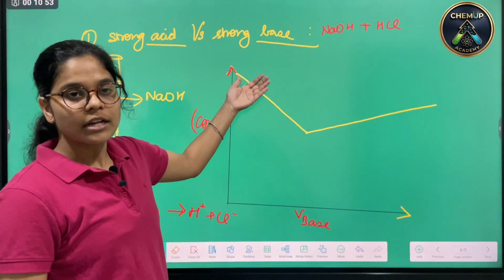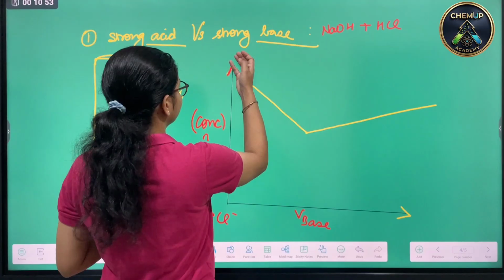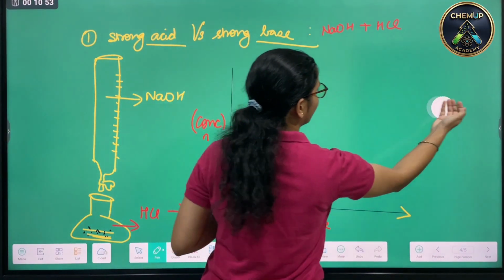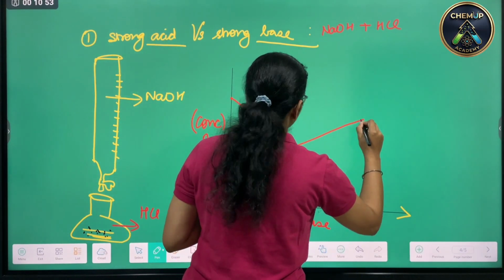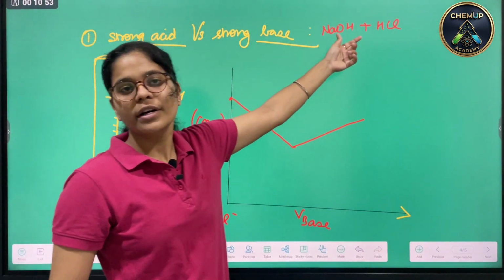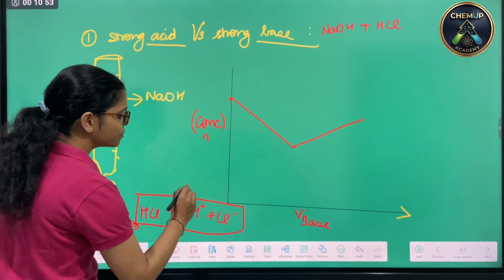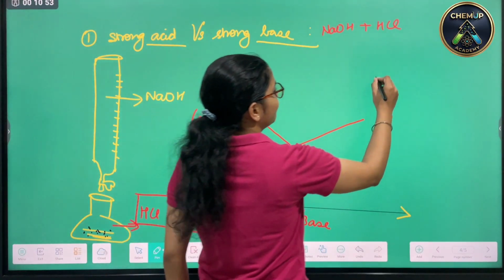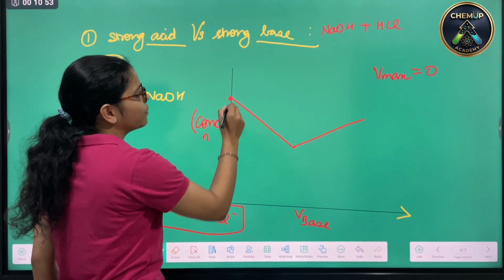So in the starting of the experiment, we have this as a point we are getting. The concentration of NaOH is completely zero. Why? Because in the starting only the H positive ions are there. Therefore Vmax is zero in the beginning. That's why I've made a point over here.